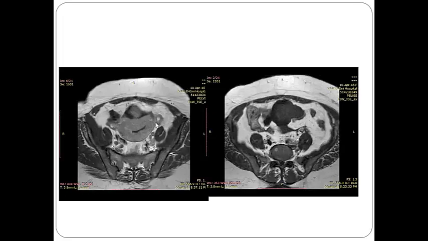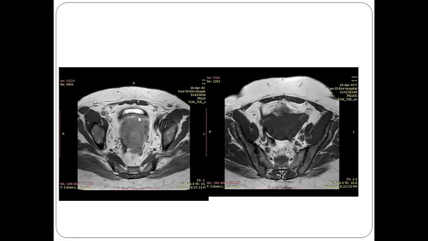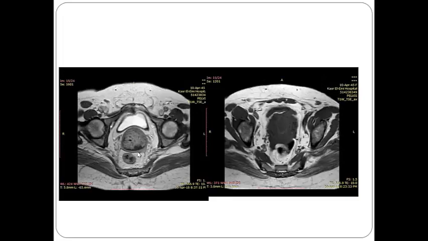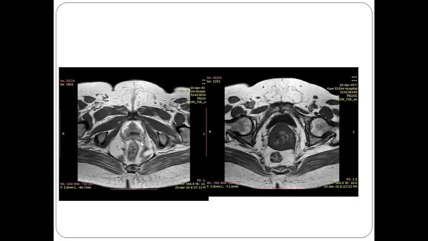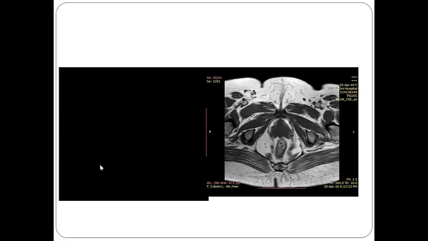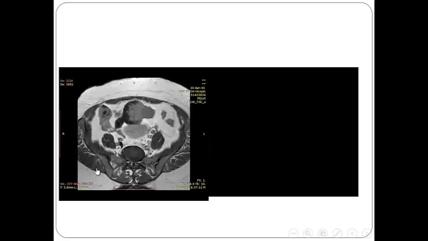But what is this? There is another pathology. So this one makes the complaint of the patient: she has bleeding.